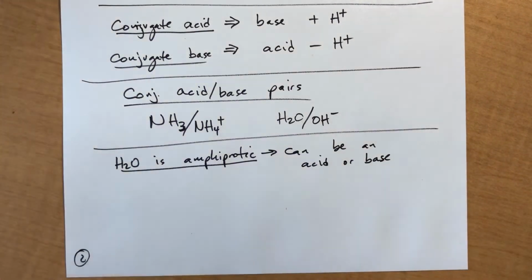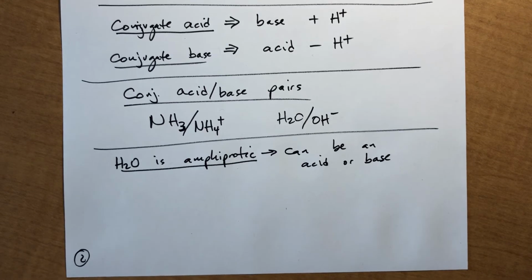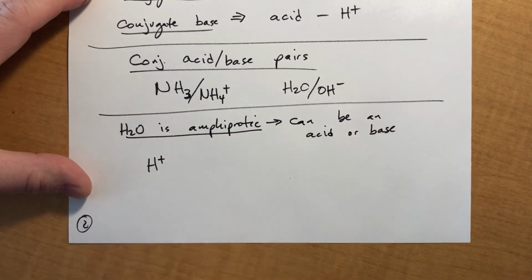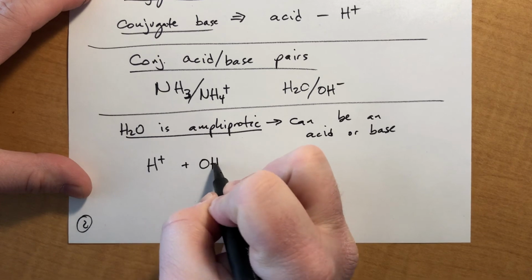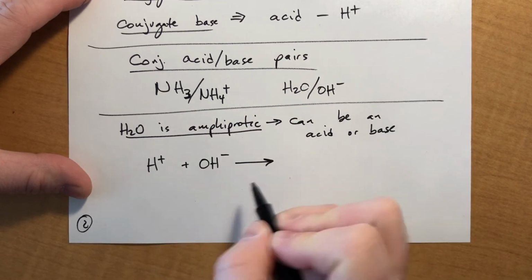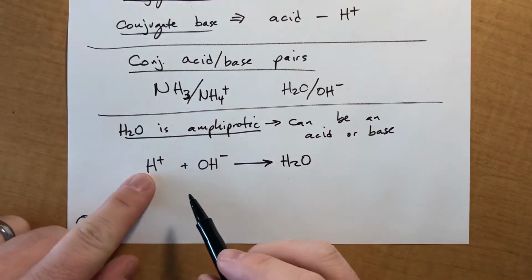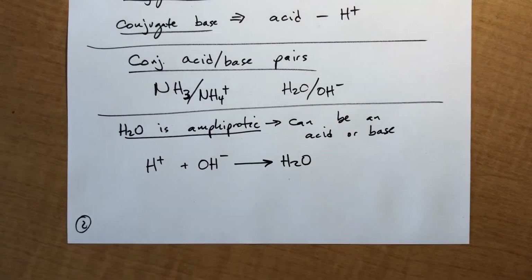There's lots of molecules that are amphiprotic. Water is, by definition, the most amphiprotic because it's inherently neutral. When we talk about acids and bases, typically anything that produces an H plus is an acid, and anything that produces an OH minus is a base. So if you mix H and OH, you get water. Water is literally exactly half acid and half base.